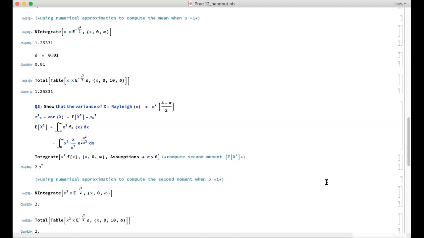The first part is 0, and what is remaining is 2 times the integral of x e to the power minus x squared over 2 sigma squared dx. Again, this part simplifies to minus 2 times 0 minus 2 sigma squared times 1. Okay.